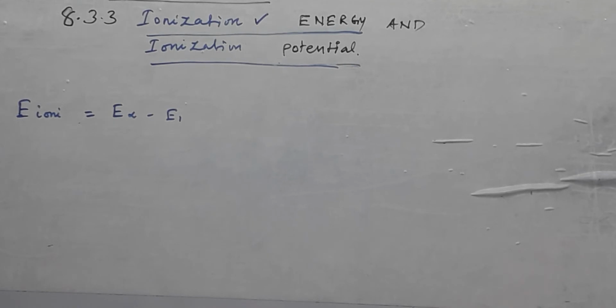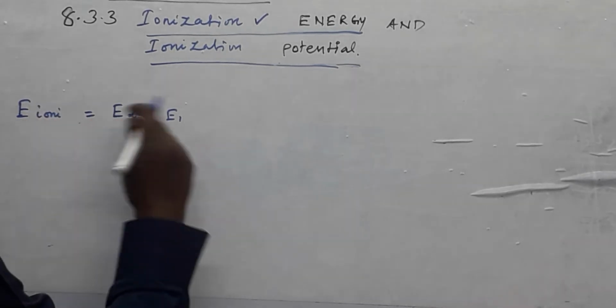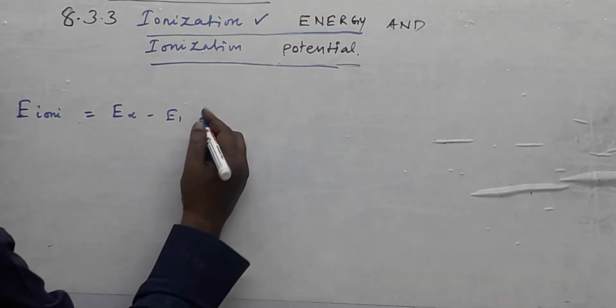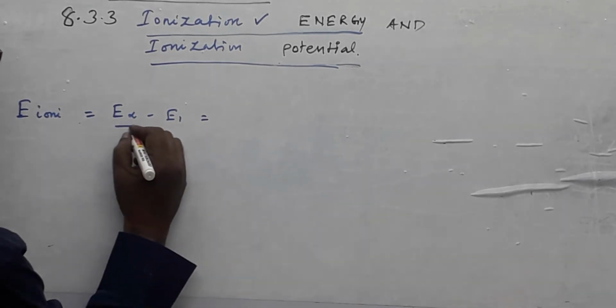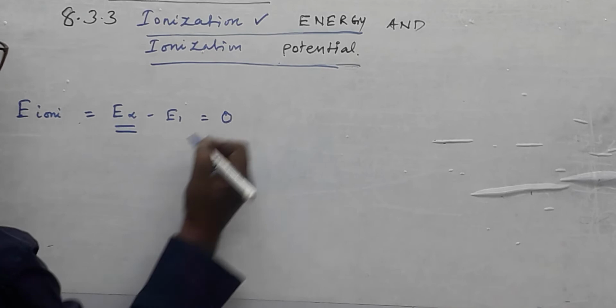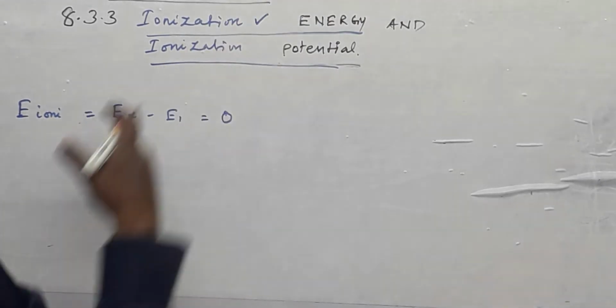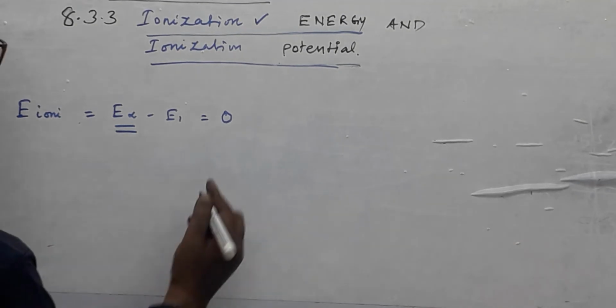So it is the energy difference between E infinity and E1. E infinity is nothing but 0, because at the infinite level the energy of an electron is equivalent to 0.